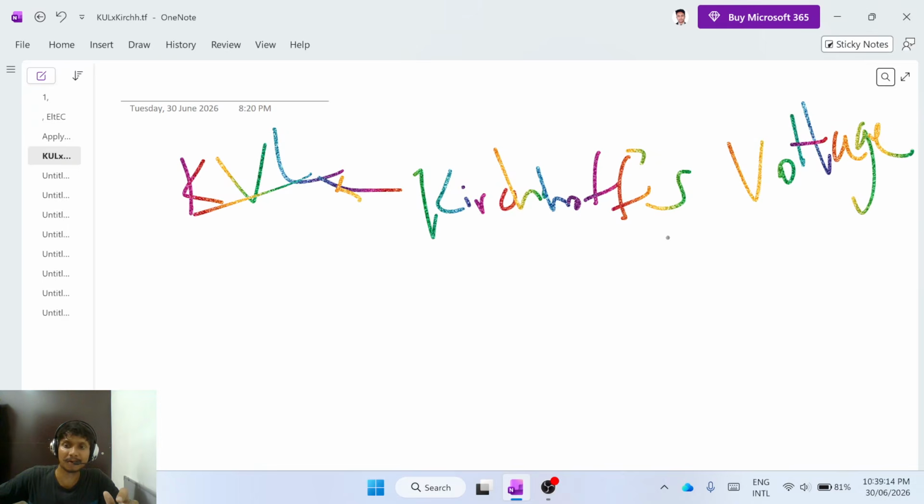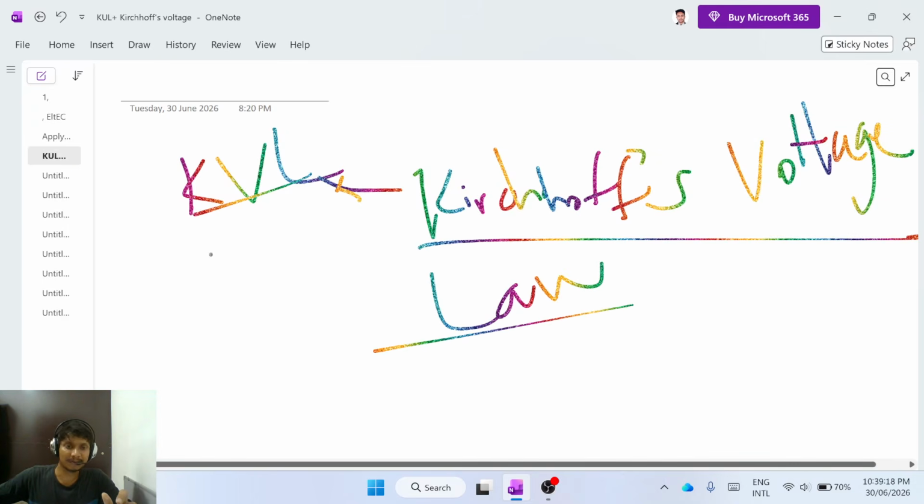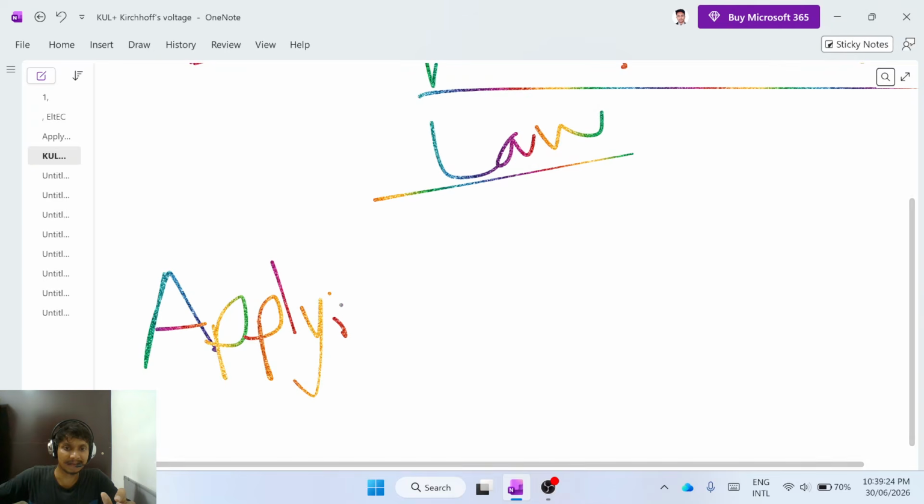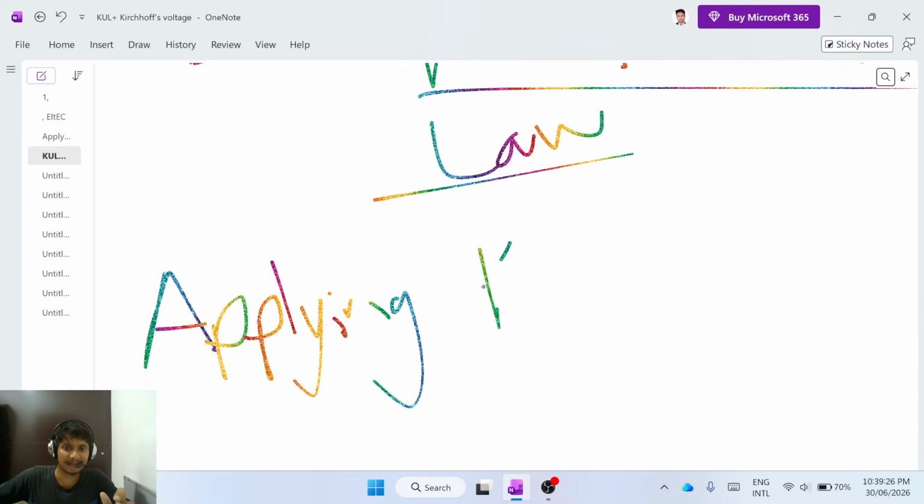Mostly you don't need to write it fully like that. In the exam, it's enough to write applying KVL. If you write completely, it's no problem, but mostly it's enough. We don't need to spend a lot of time writing.